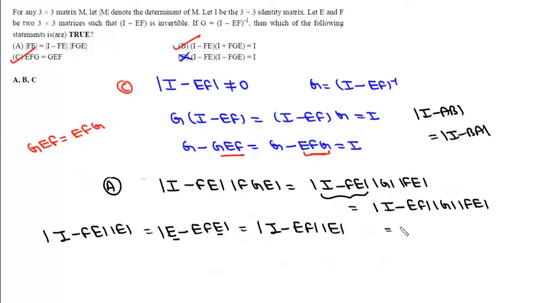Now we multiply this G inside, we'll write this as determinant of G minus EFG, and this is determinant of FE. Now determinant of G minus EFG is nothing but 1. So this expression will be equal to determinant of FE. That means this option A is also correct. So the correct options are A, B and C.